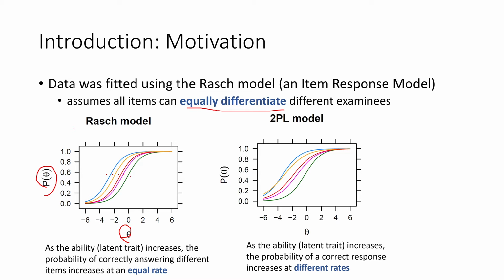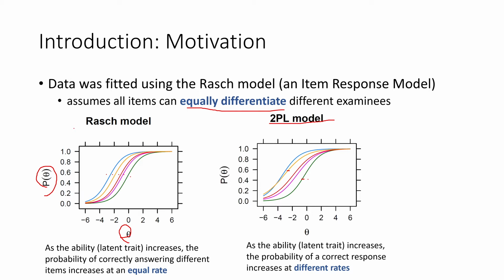But this assumption of equal slope may not always hold, as in the last slide, where the first item may be less able to differentiate examinees. And the two-parameter logistic model relaxes this assumption. It estimates the slopes and allows them to be different. So we have some steeper trace lines like the green one, and we have some flatter trace lines like the yellow one.